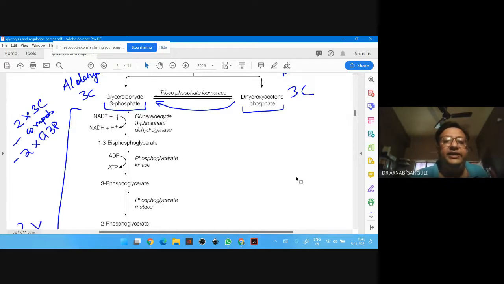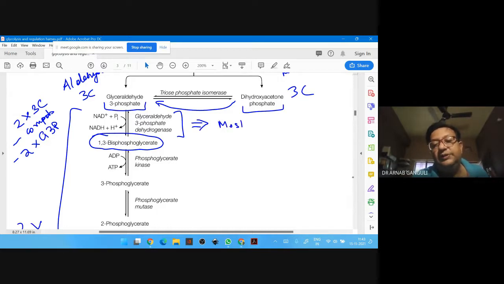So glyceraldehyde 3-phosphate is converted into 1,3-bisphosphoglycerate. A very important enzyme. You can call it the most abundant housekeeping gene in animals.